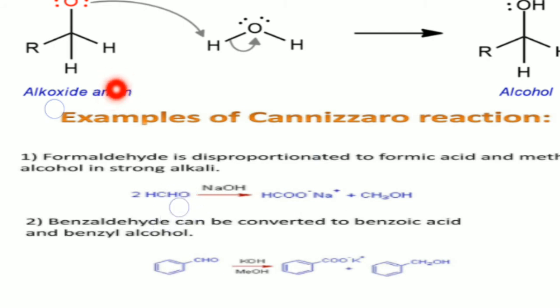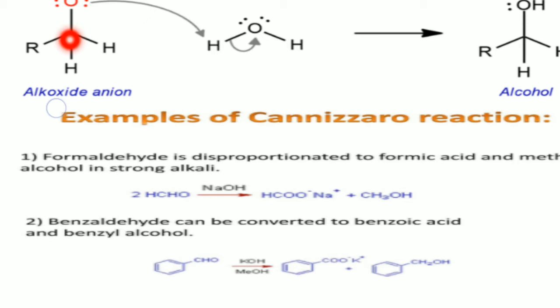Another formaldehyde molecule converts into alcohol, CH3OH. This is the participation of formaldehyde in the Cannizzaro reaction to form a formic acid salt and methanol.